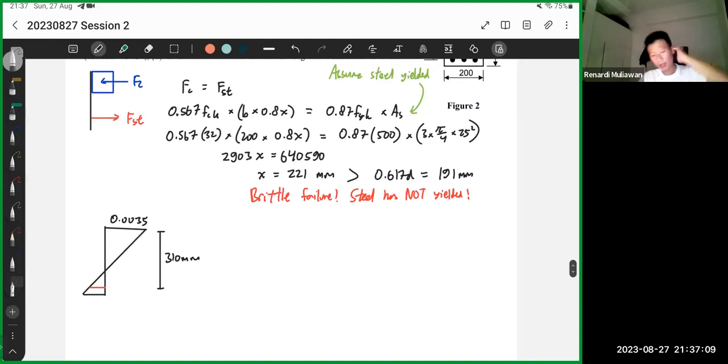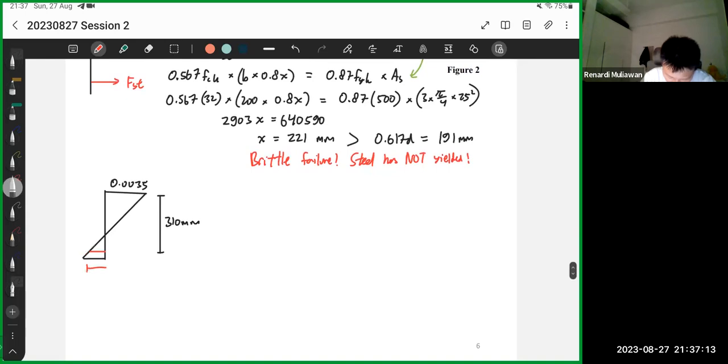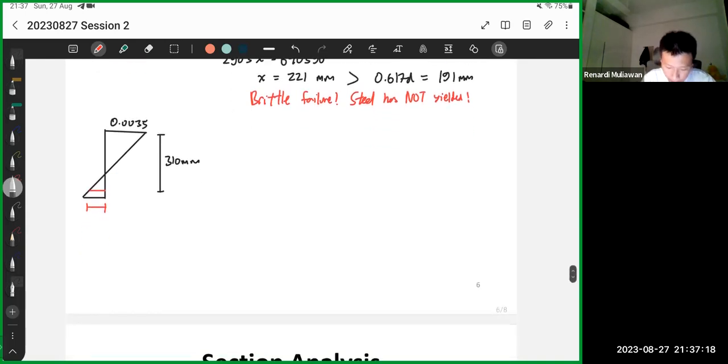So how do you find X? It's basically saying, okay, so what's this strain first? Again, we use similar triangles. The triangle I'm looking at is this and this. So this one is X. This one is the strain of steel.